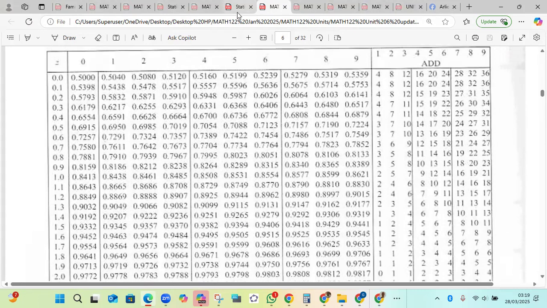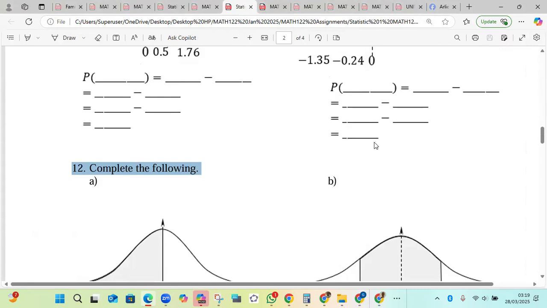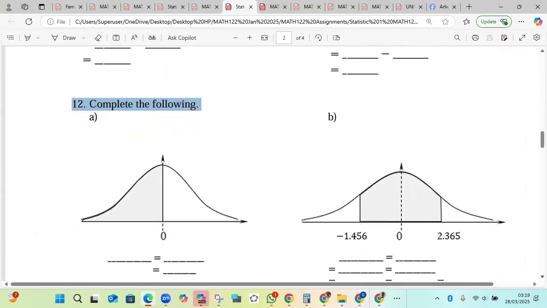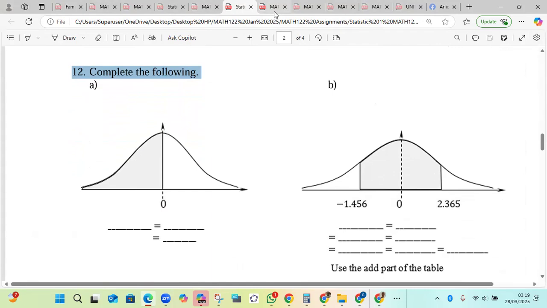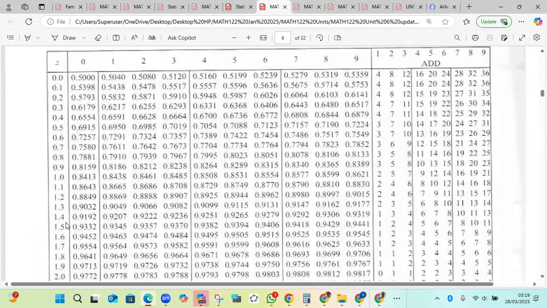So after you find 0.9265 for 1.45, then you go across and you stop on the 6.